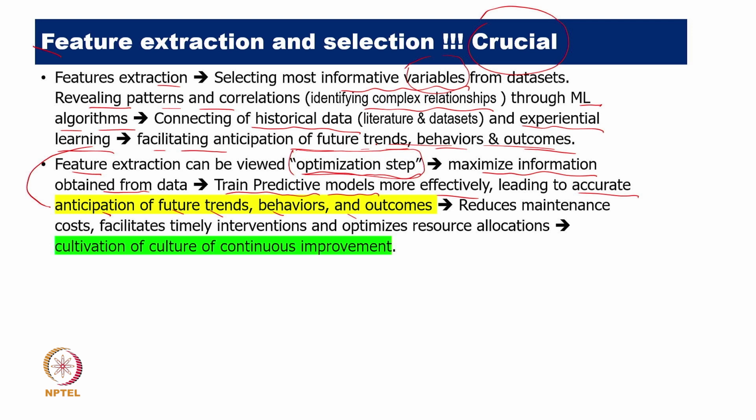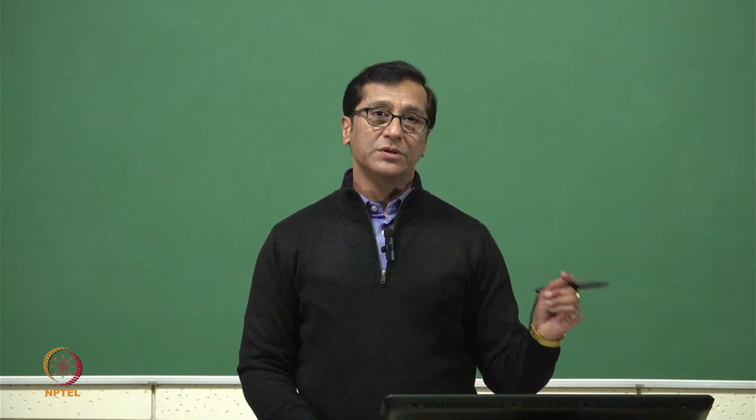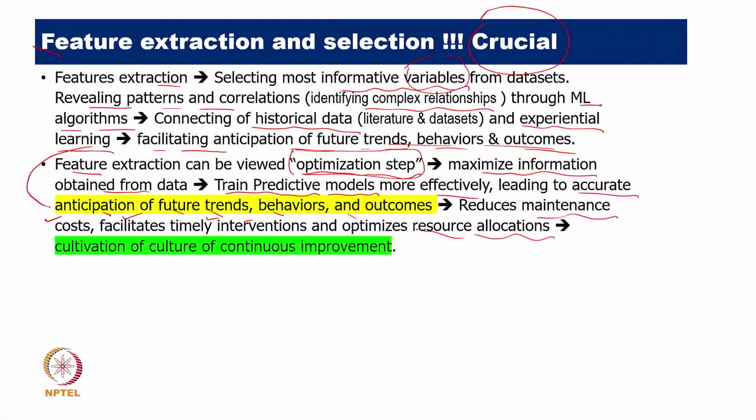I'm trying to repeat: the overall aim is to reduce maintenance cost, because we want economics and we want to enhance efficiency at lesser cost. We want lesser investment and more profit. Then we want timely intervention so that our machine does not wear out, or wear is delayed as much as possible. We also want resources to be allocated effectively.